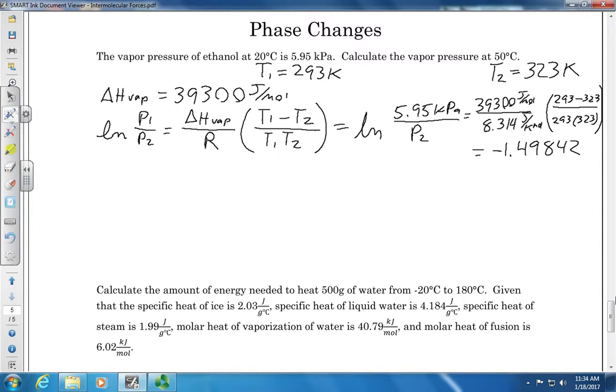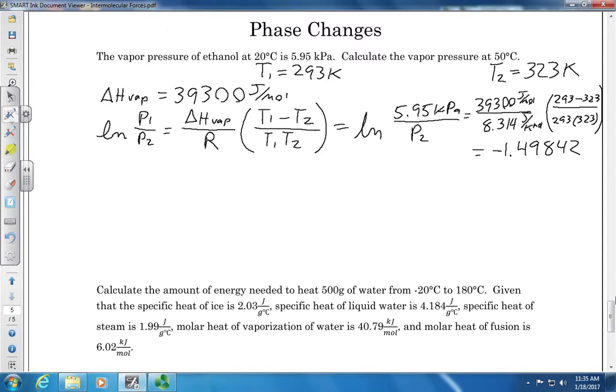I know that's a little bit beyond sig figs, but we're going to hold it just for now to get a more accurate answer. Because if we were to want to isolate P2, we're going to have to take everything to the e to the power of both sides.